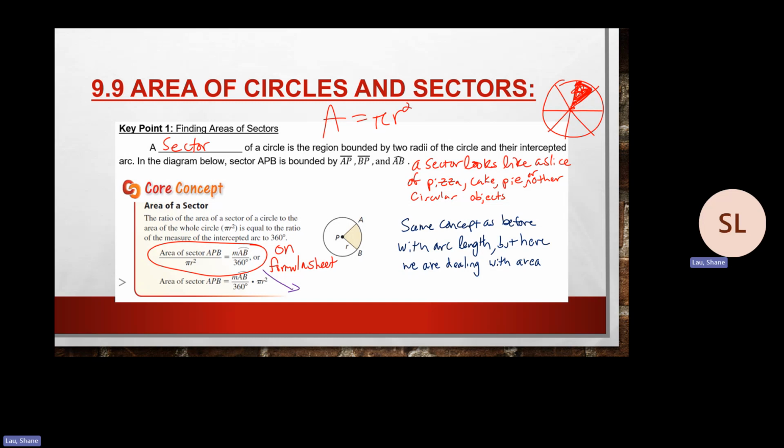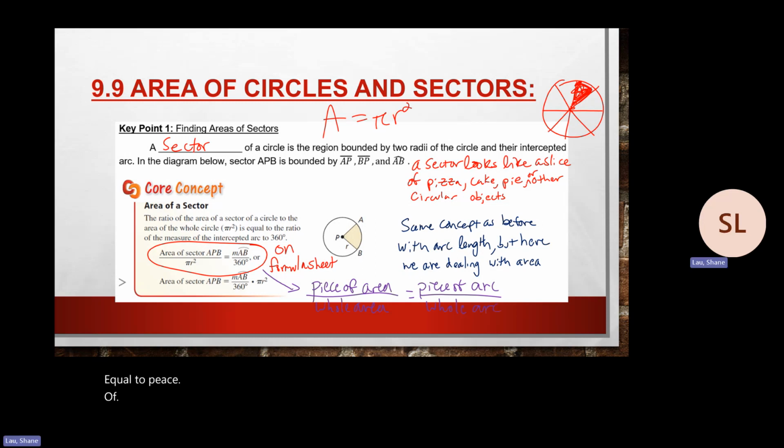That's essentially what's happening here as well, where we have a piece of area divided by the whole area equal to piece of arc over whole arc.